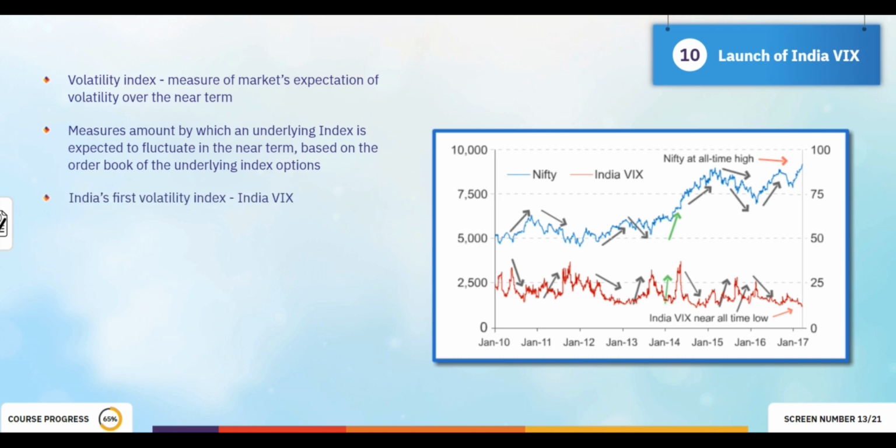India's first volatility index, India VIX, based on the Nifty 50 index option prices, was launched by NSE in April 2008. VIX is a trademark of Chicago Board Options Exchange, Incorporated, and Standard & Poor's has granted a license to NSE with permission from CBOE to use such mark in the name of the India VIX and for purposes relating to the India VIX.